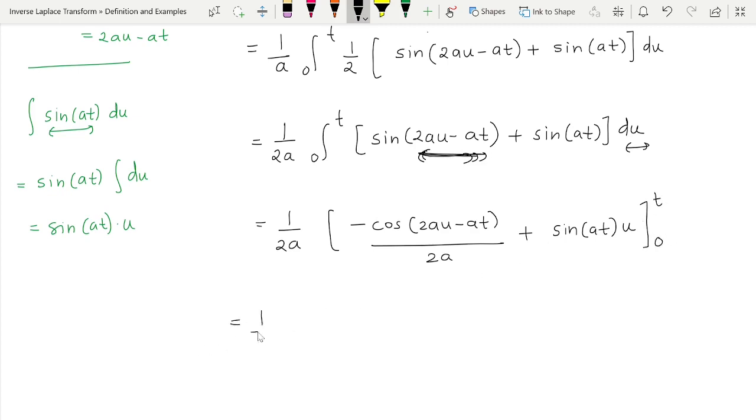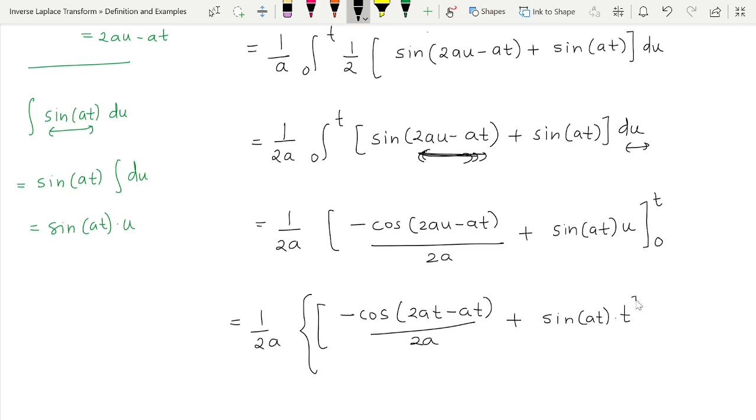Which will be equal to 1 upon 2a. Now let us put the upper limit of u as t. So this will be, with a curly bracket, minus cos of 2at minus at upon 2a. This will be plus sine at multiplied by t, minus.